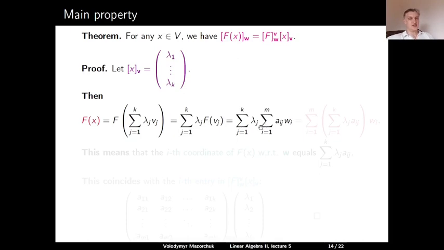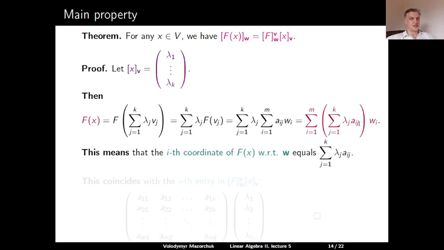So now we can change the order of the summation and rewrite it as a sum over all i's of wi with the coefficient sum over all j, lambda j times aij. But this expression, the sum over all j, lambda j, aij, is exactly the i's coordinate of fx, because fx is written as a linear combination of the elements in our basis bold w.